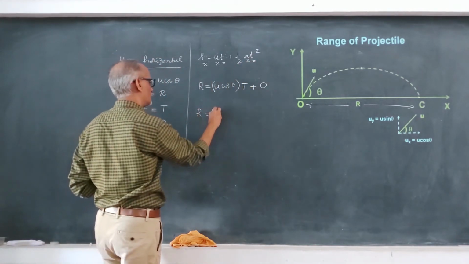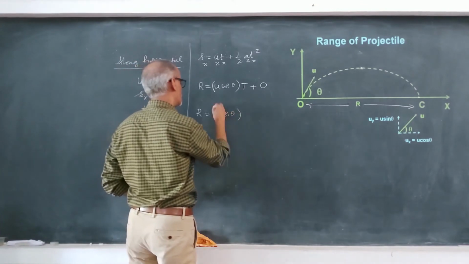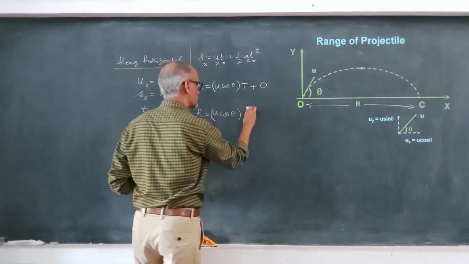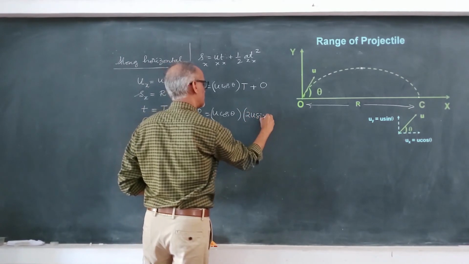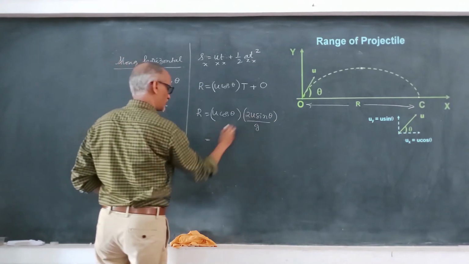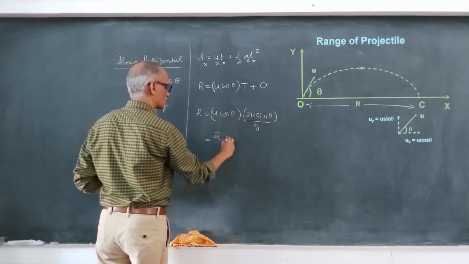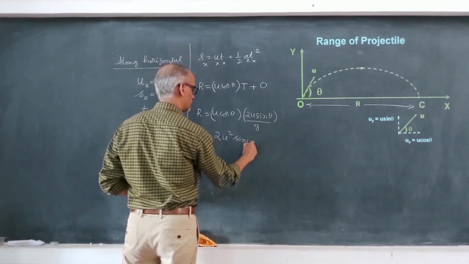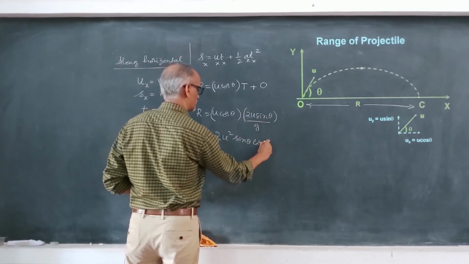That's R = u cos theta into the time of flight. Time of flight we know the formula already, correct? T = 2u sin theta by g. So R = 2u square sin theta cos theta by g.